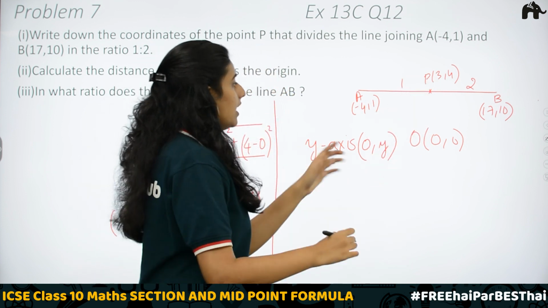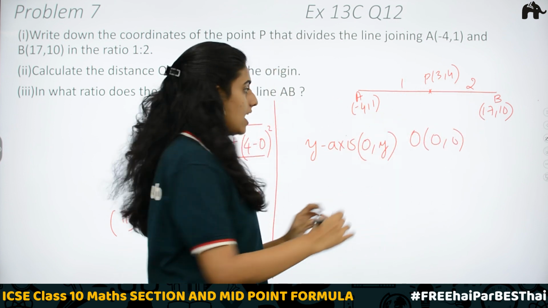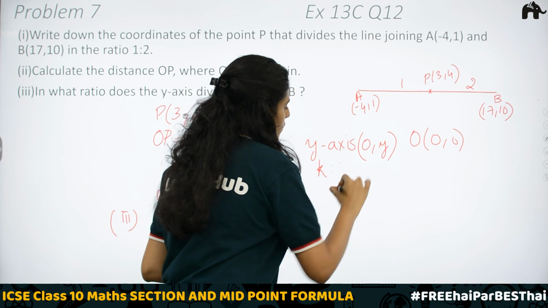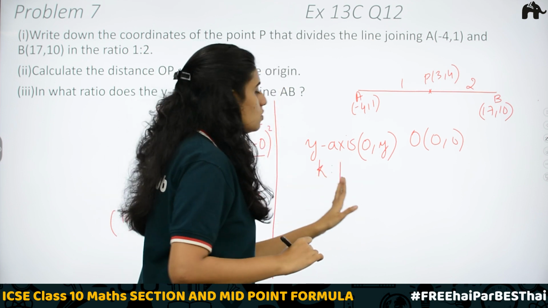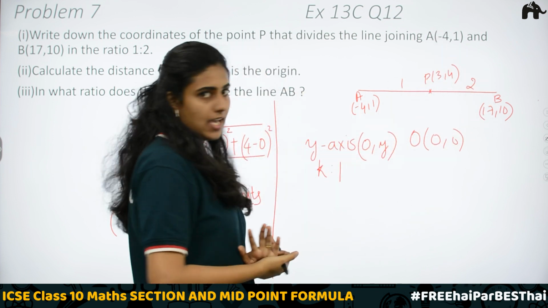Now, let us take the ratio in which AB is divided by the y-axis as k is to 1. Okay, k is to 1 is the ratio in which the line AB is divided by the y-axis.